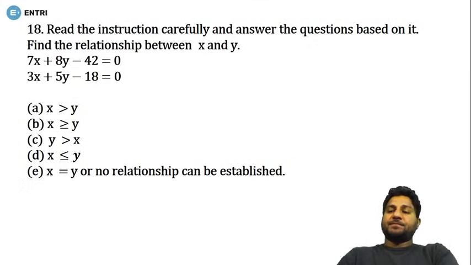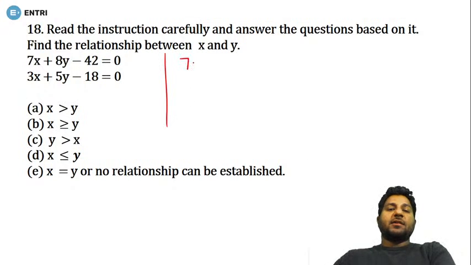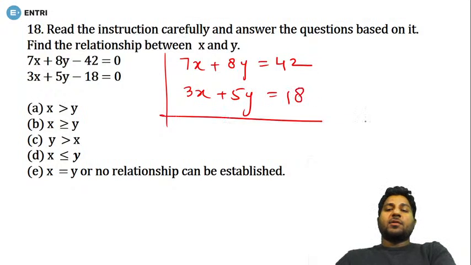Next one. Look at this. So it is a linear equation. 7x plus 8y is equal to 42. 3x plus 5y is equal to 18. So how are you going to attempt these two equations?